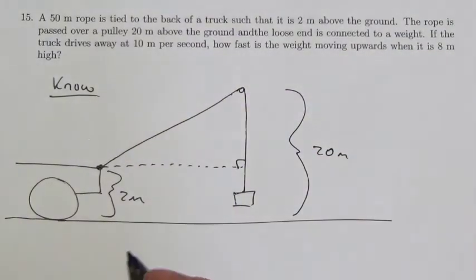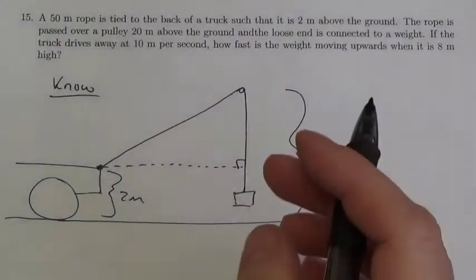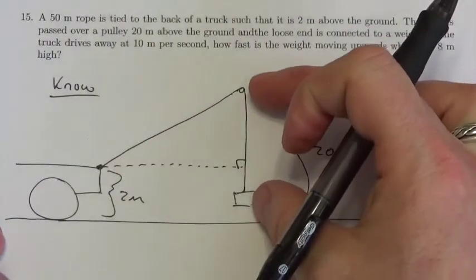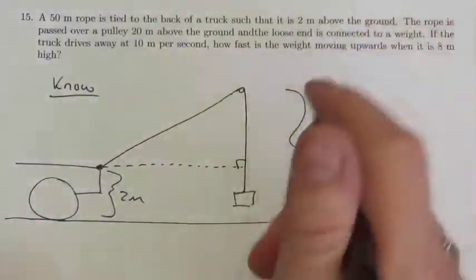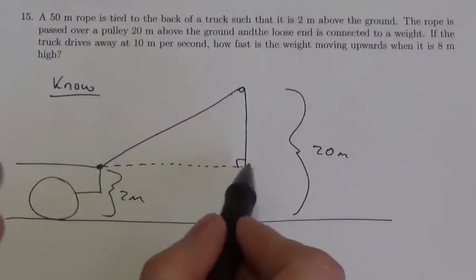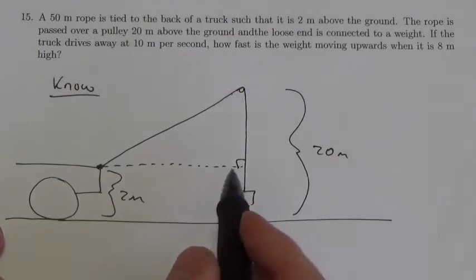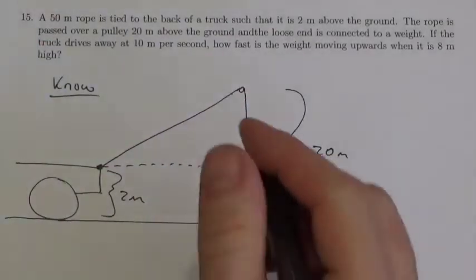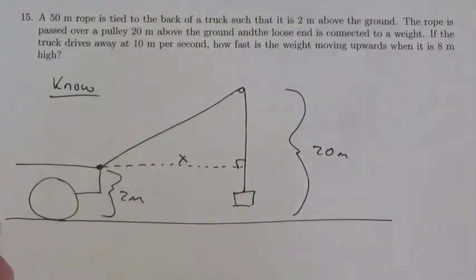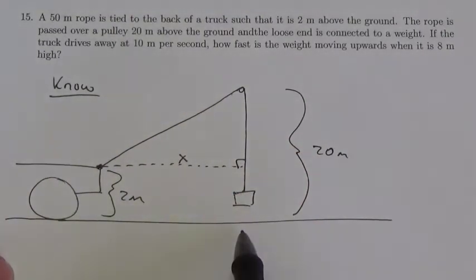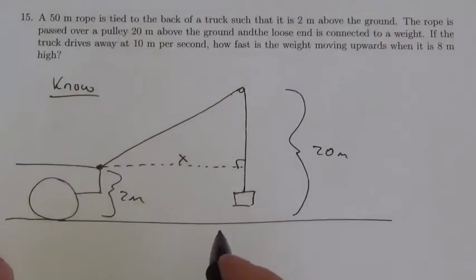Now, I realize that that's a little bit hard to get your head wrapped around, because you're looking at this thing and thinking, well, no, the weight is going to fly up. That's true, but my right angle triangle doesn't get drawn to the weight. If I want to get the truck moving, for example, I'm going to call this x right here, the distance from basically the straight line down along the pulley. That's my x.